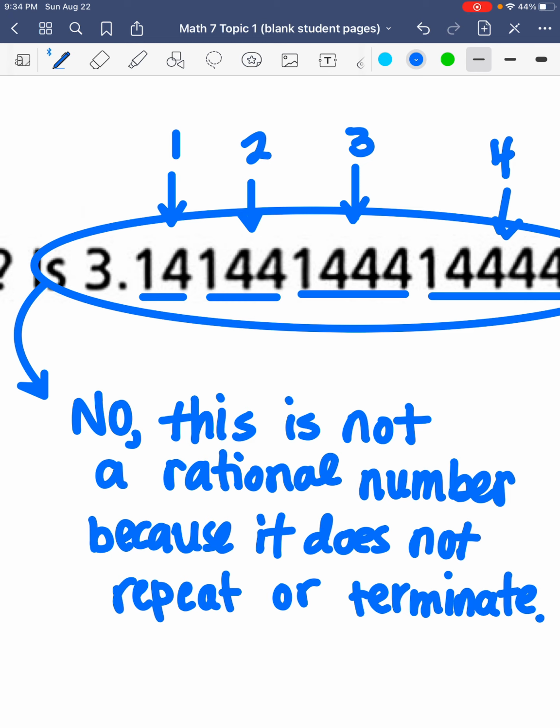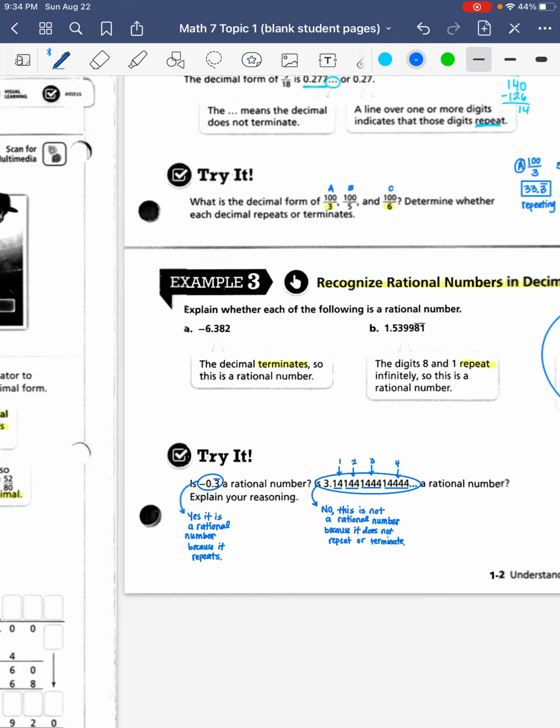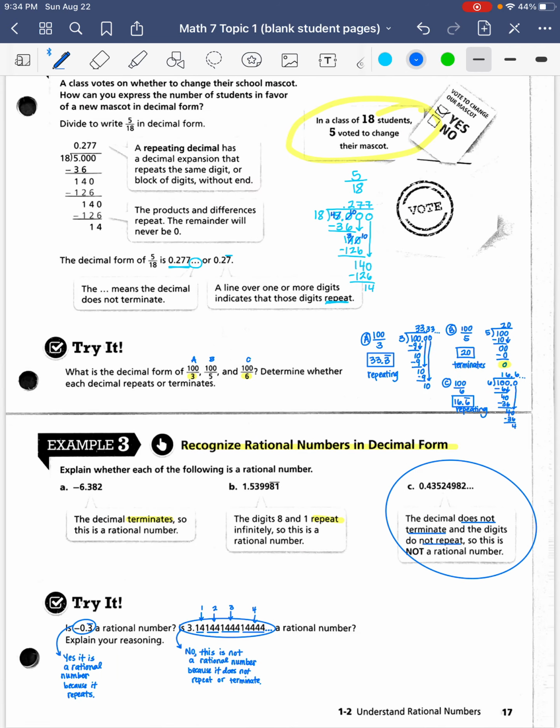It does not come to an end and none of the digits repeat. That's the end of page 17. See you on page 18.